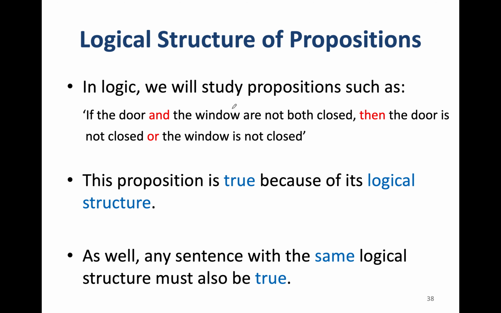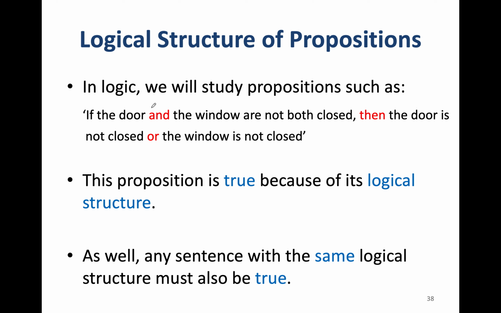Logical structure of a proposition. Now, in logic, we will study the proposition as the sentence you can see here. The sentence says, if the door and the window are not both closed, then the door is not closed or the window is not closed.